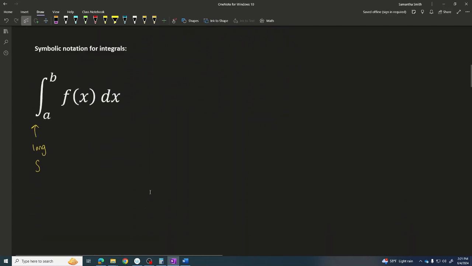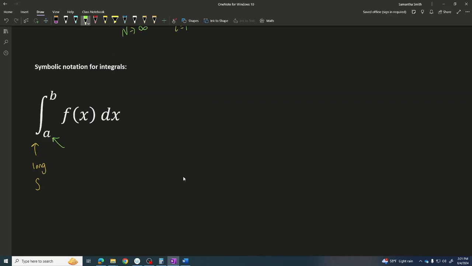Now, this value at the bottom, a, is being used in the same way that we used it when we did Riemann sums. This is the smallest x value in the interval that you are working with.